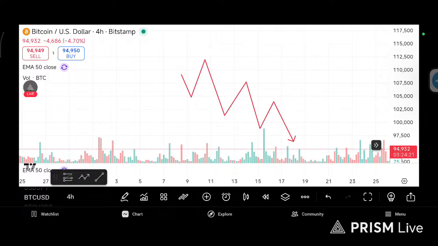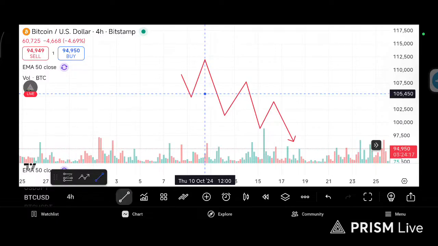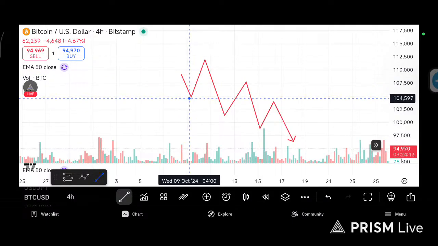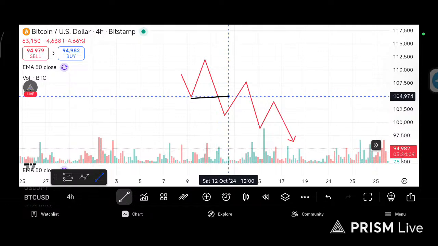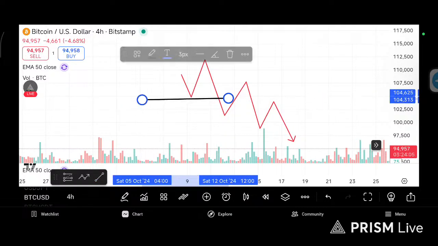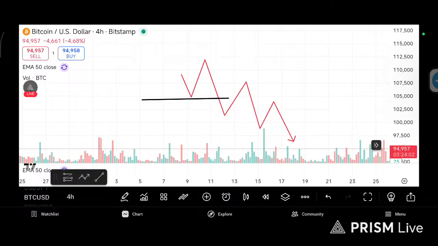If you are going in a downward direction, we are going to have something like this, right? You are no more focusing on higher highs, you are focusing on lower lows. So this is it in a downtrend direction.